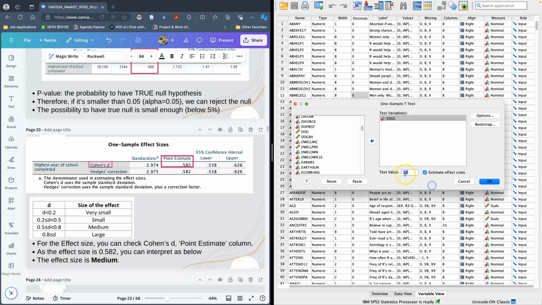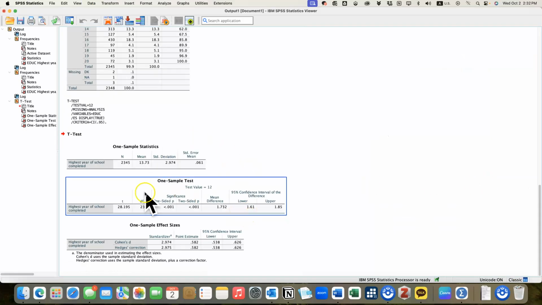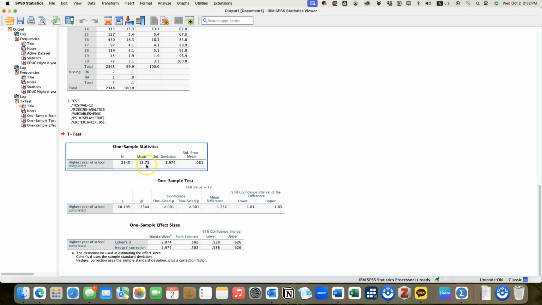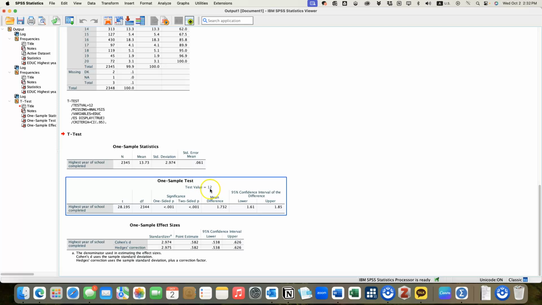All right, so let's see. 12, you can click OK, and then you could find that, right? This is the Mac version. 13.73 is the sample mean years of education. You put 12 as the assumed mean of the population years of education. We are using the two-sided test here. The Mac version is a little bit more complex, but we are always using the two-sided implication.